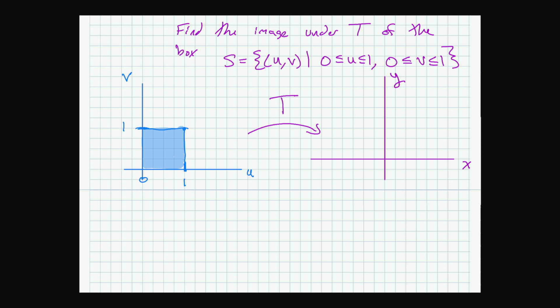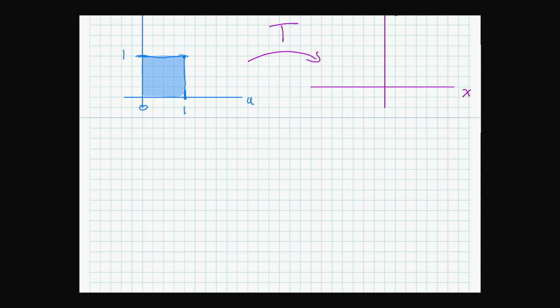Okay, one note that I have is this. Well, no, you know what? Let's not do that. Let's do this first. The easiest way to get started with a problem like this is to look at where the corners end up, because you have 4 corners here.